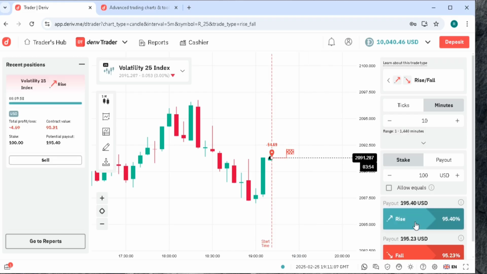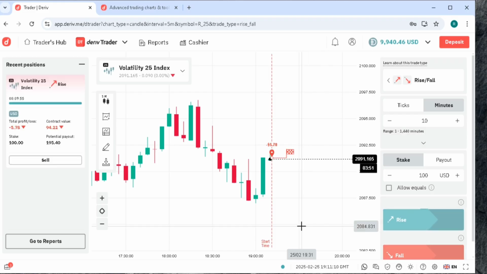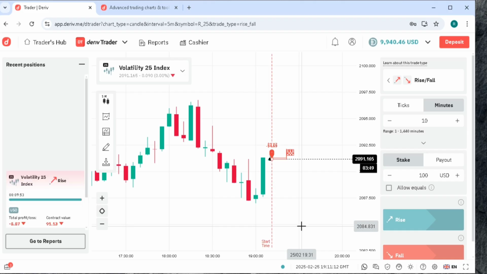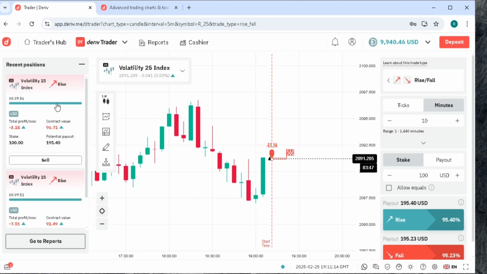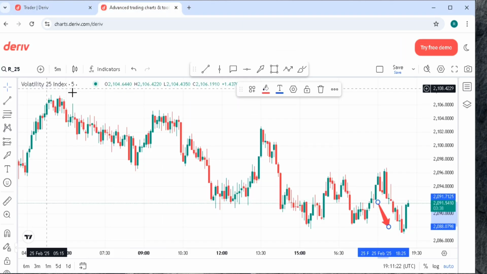Let me just enter 2 trades, and then we can cash out one. So we cash out the upper one. Note that we have used 10 minutes, but we analyzed using 5 minutes.